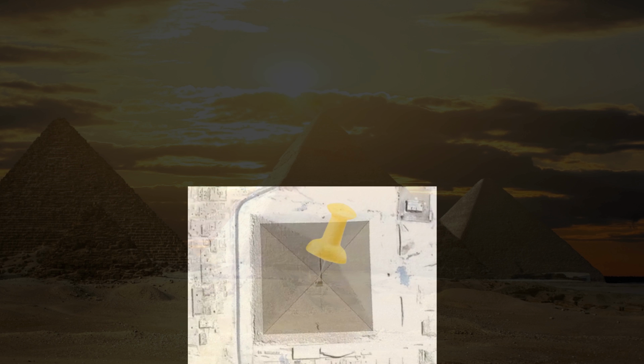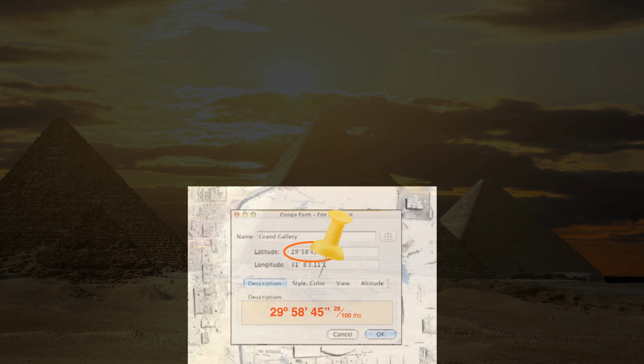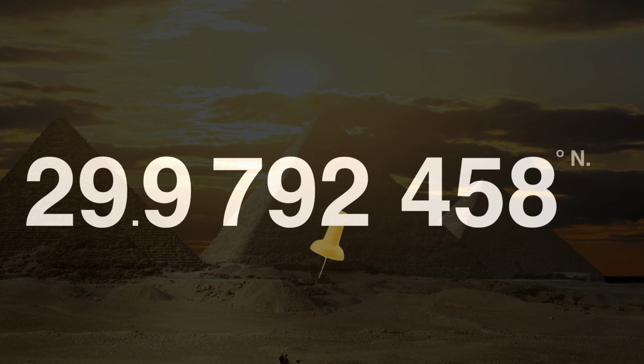If we stick a pin into the precise center of the Great Pyramid in Google Earth, it gives us this latitude to 7 decimal places.